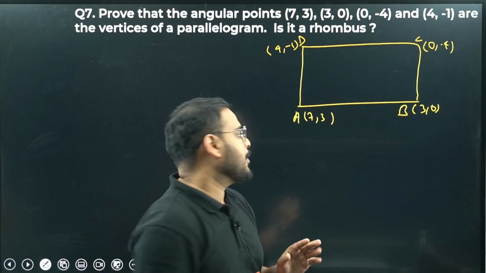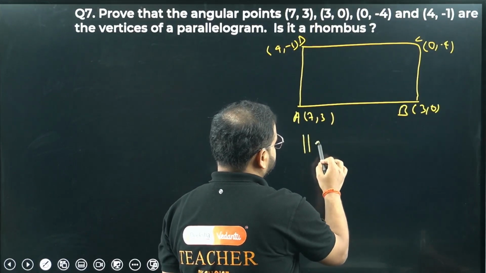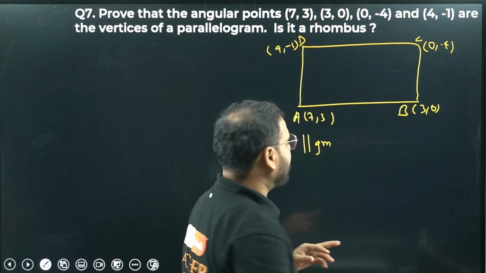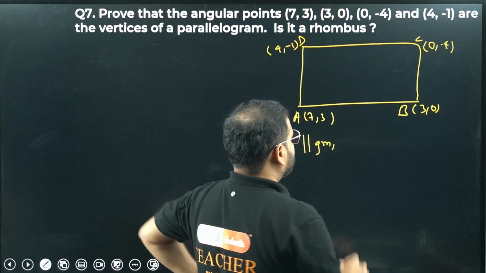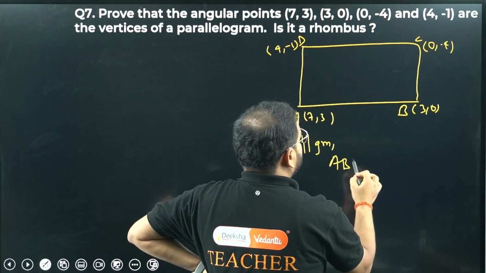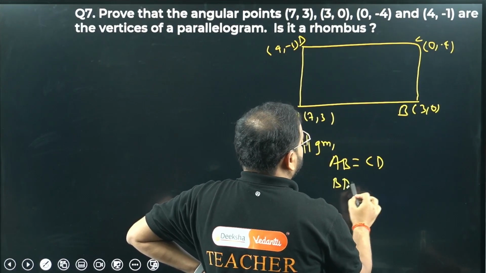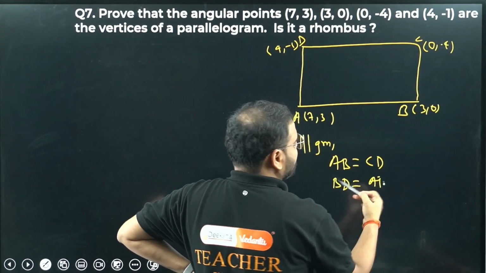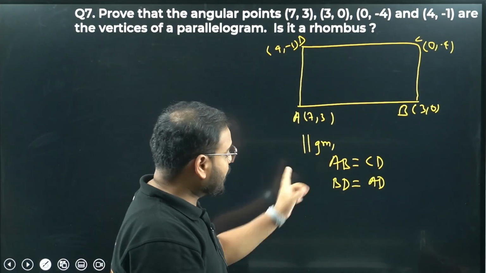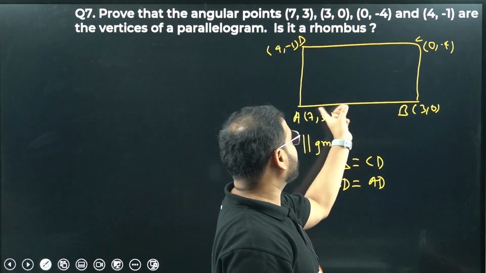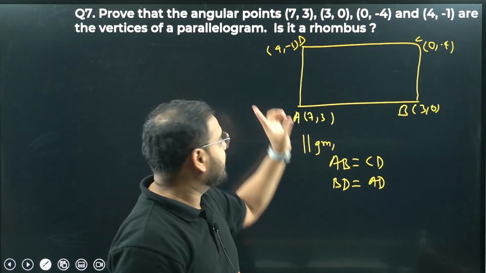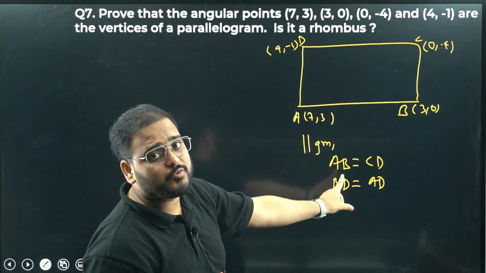For a parallelogram, I have to prove AB equals CD and BC equals AD. This is enough to prove a parallelogram, right? To prove a rectangle, I have to prove that AC equals BD, but I don't want to do that. They said check for parallelogram, so we'll do this fast.